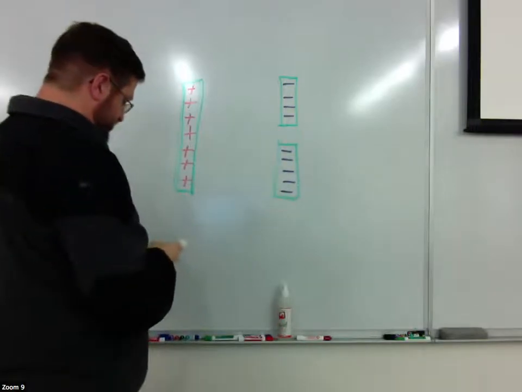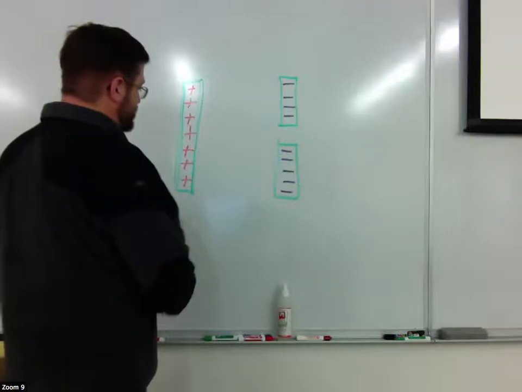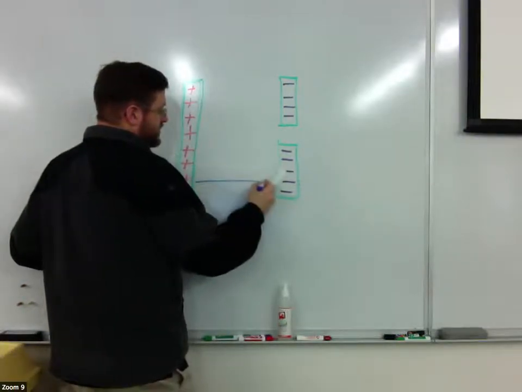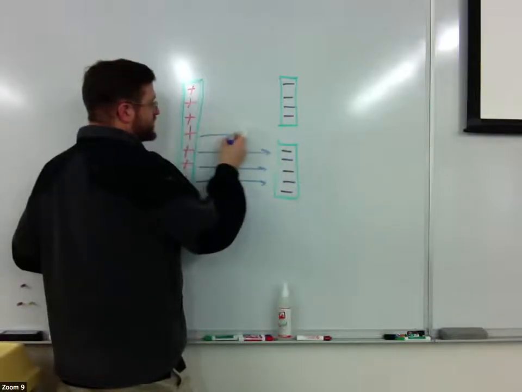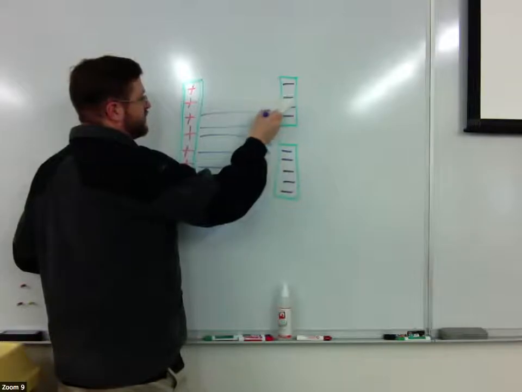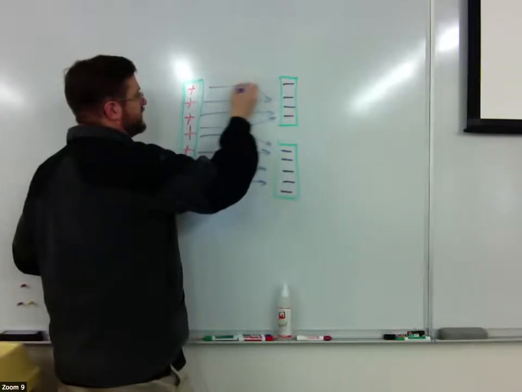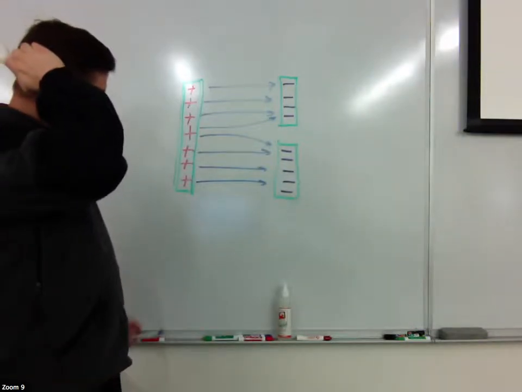And because of this, you will get electric field lines that go from the positive charges towards the negative charges, more like this between the plates. You get a little distortion of the field right there, but for the most part, it will be pretty parallel lines between the plates here.